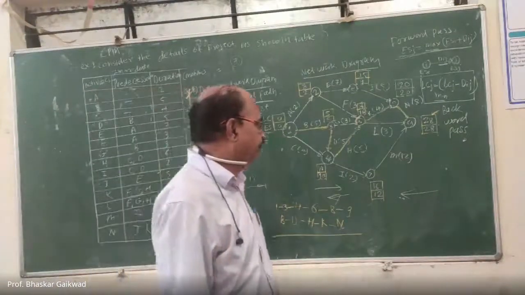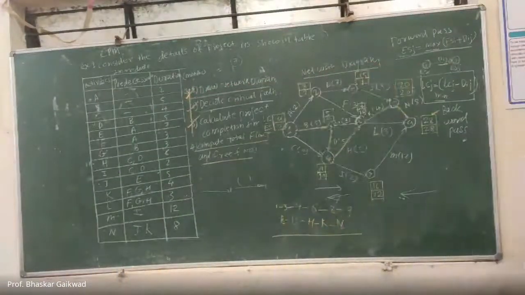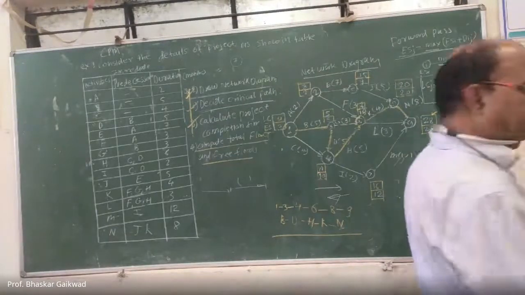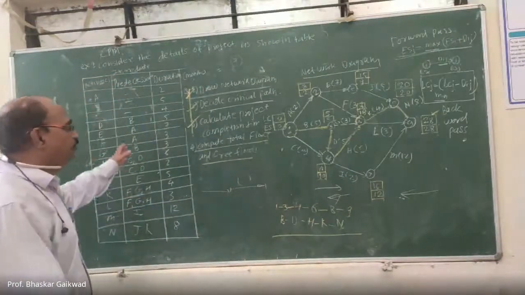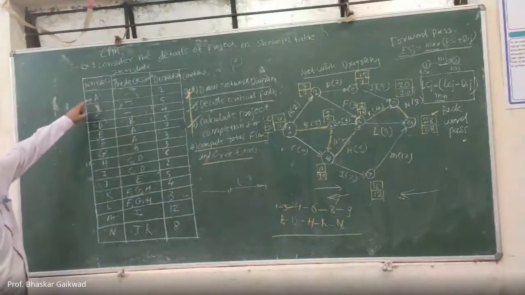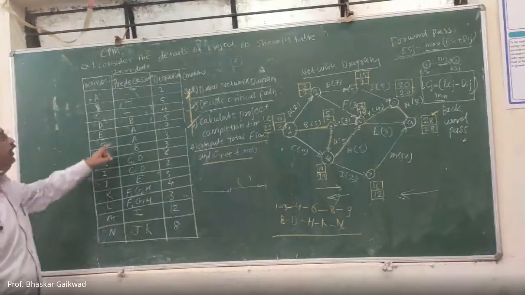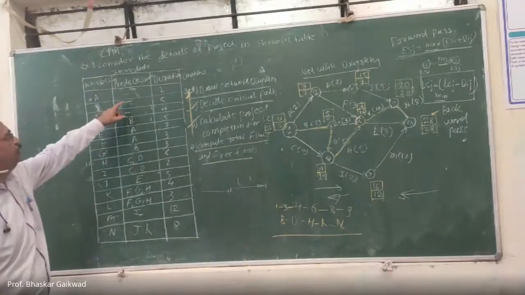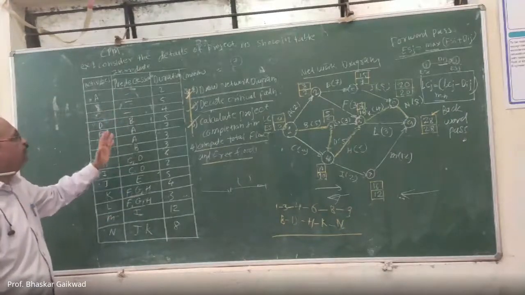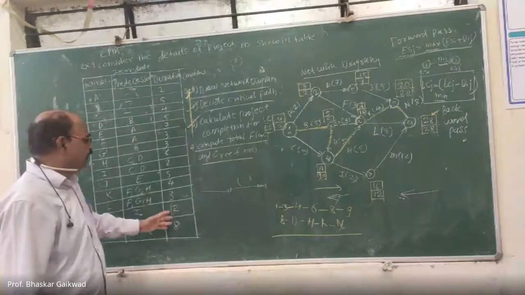Now related to this, yesterday I gave you one hint on how to make this diagram. These are the activities. This is the predecessor, meaning the backside of this. After that, the duration is there.